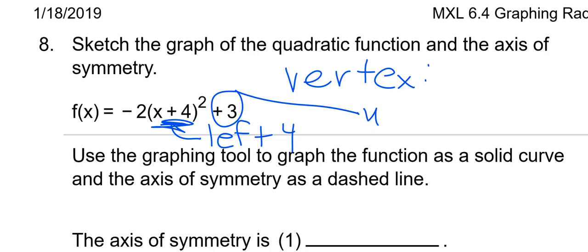Up 3. Okay. Tell me the vertex. No, it's not 0, 0. If you've gone left 4 and up 3, what the heck is the 0? Come on. You're better than this. Yes, sir. Negative 4, 3. Thank you very much.